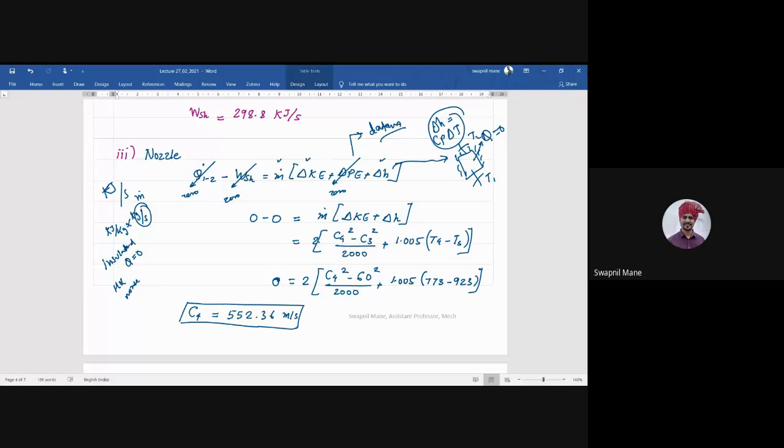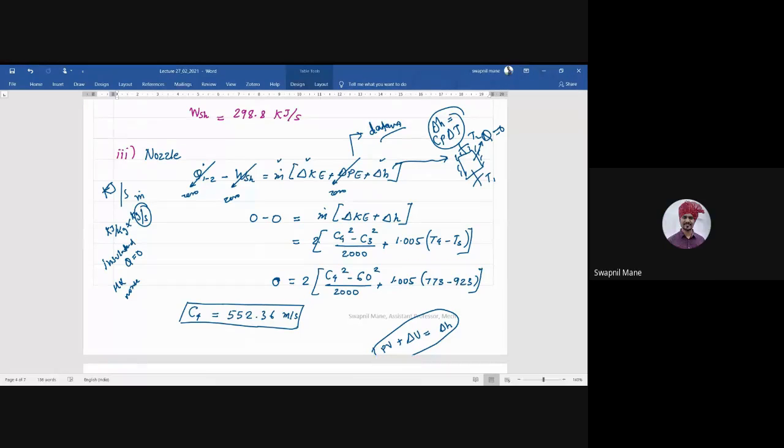And if you remember, delta H has close association with delta U. What is delta U? Internal energy. So you see delta H is equal to delta U plus PV. You remember this equation I have told you?